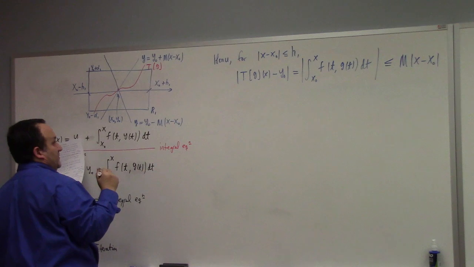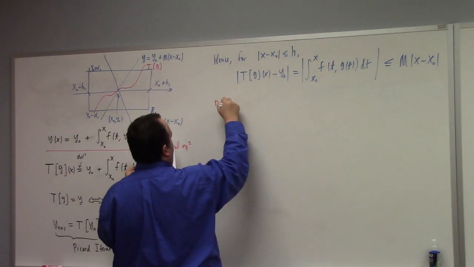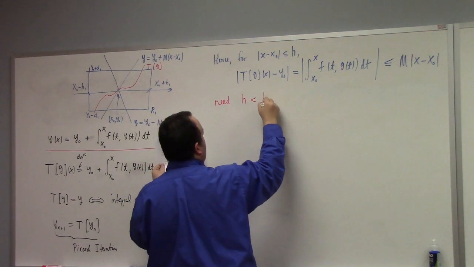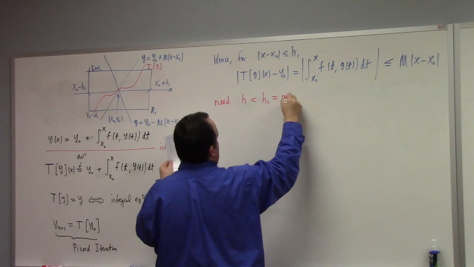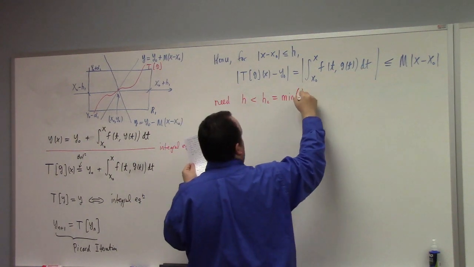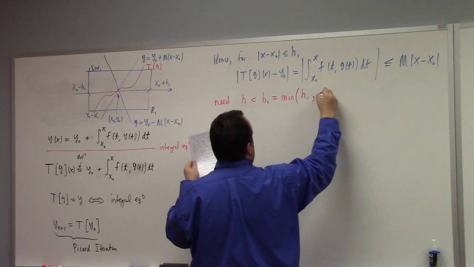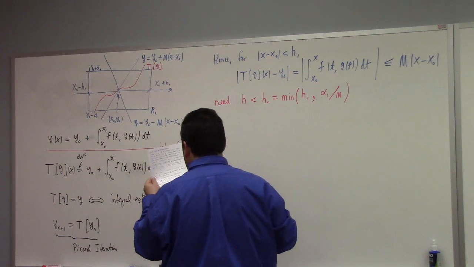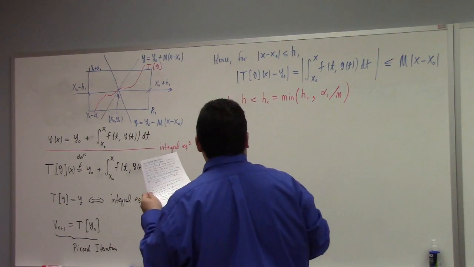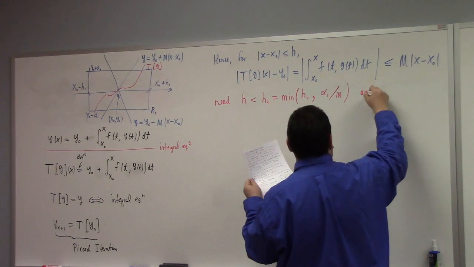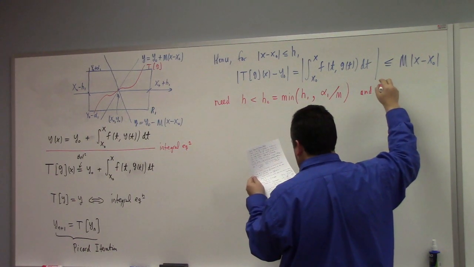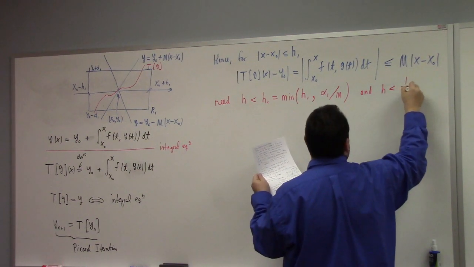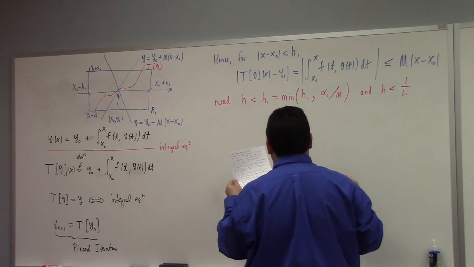The claim is that we need h less than h₂, which is the minimum of h₁ and α₁ divided by m. And we also need, as we'll soon understand, h less than 1 over L in order for T to be a contraction.